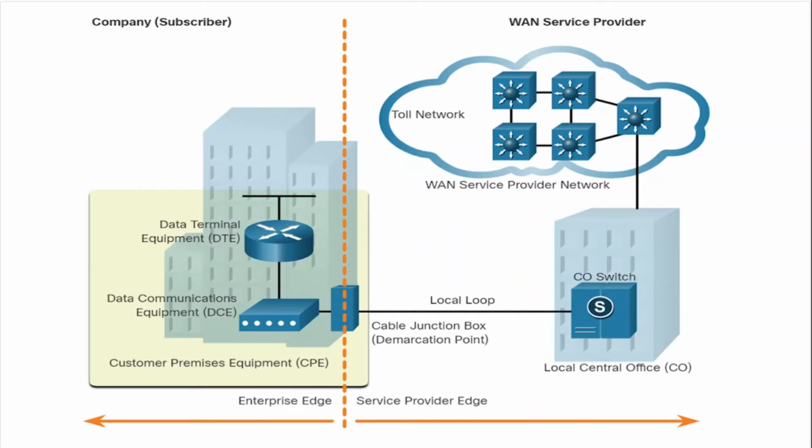As you can see in the figure, the line separating the subscriber from the WAN service provider is the demarcation point. The point of presence of the subscriber's cable is the cable junction box, which refers to the demarcation point.